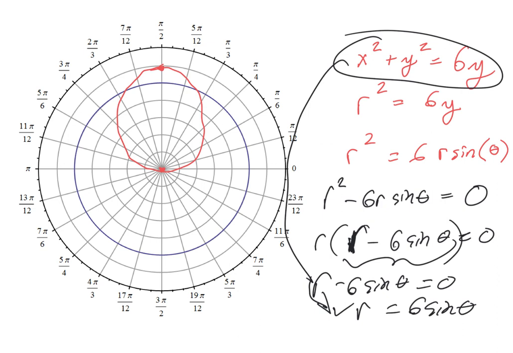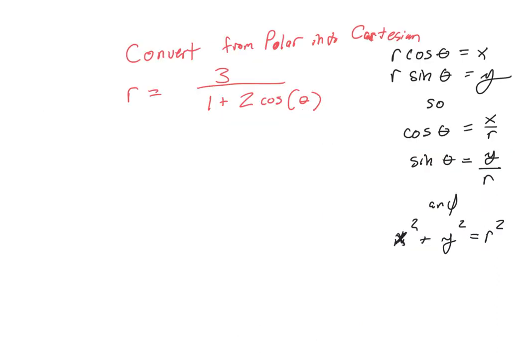And then converting from polar back into Cartesian, it's remembering these things as well. r cosine theta is x, r sine theta is y. So if I take this top one here and solve, cosine theta is x over r. Sine theta is y over r, so then I can plug that into my equation.